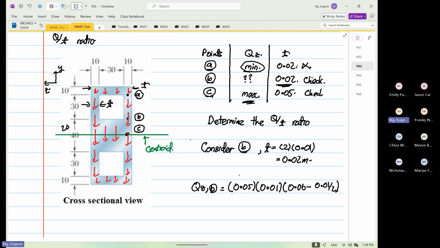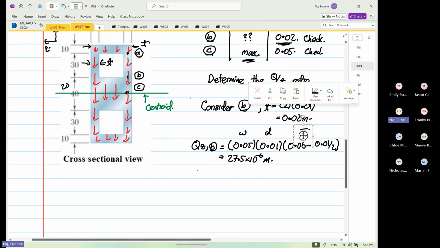So this is the width, this is the depth, and this is the y bar. From here, we calculate the value. So it's 0.06 minus 0.01 divided by 2 times 0.01 times 0.05, which is equal to 27.5 times 10 to the power minus 6 meters cubed.